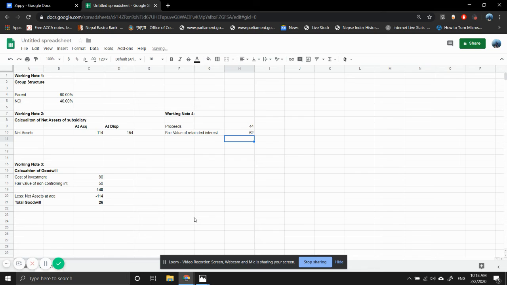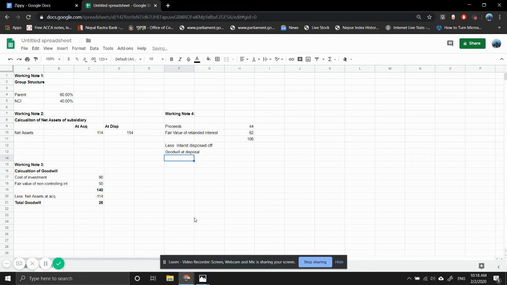So this is the full value of the company, okay? That's what it's worth. What we need to deduct from it is the interest disposed of, right? In this case, there will be goodwill at disposal.